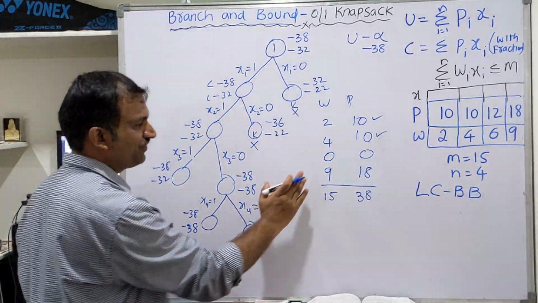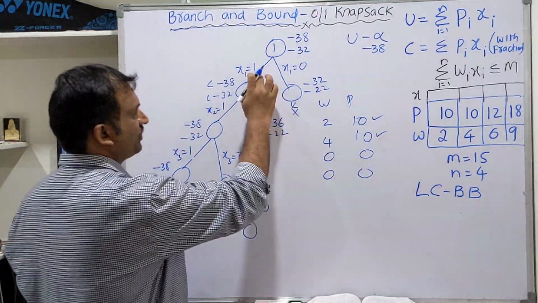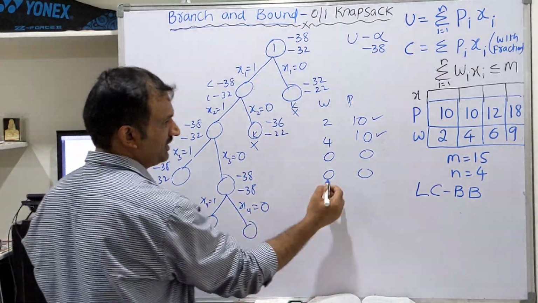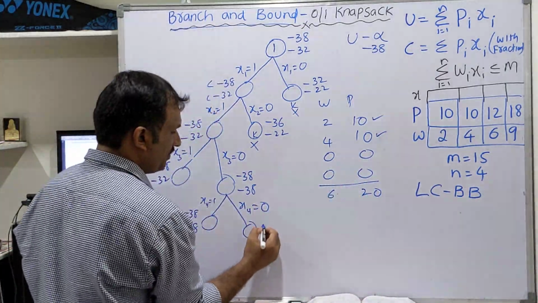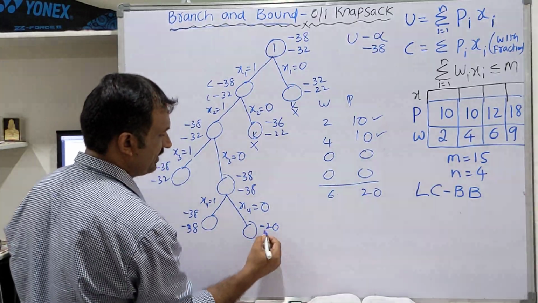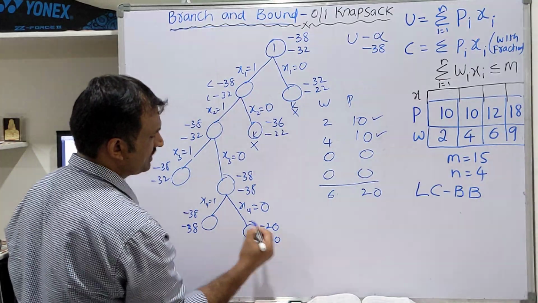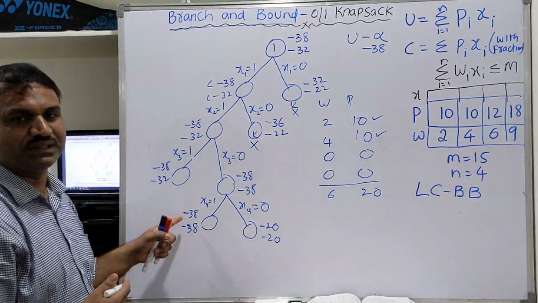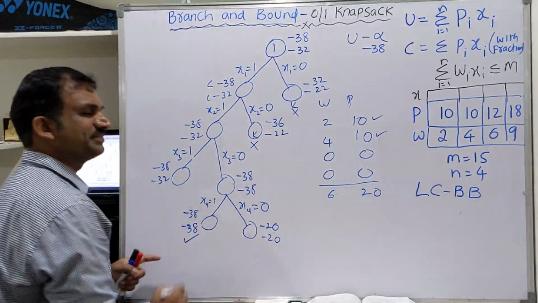Now don't consider the fourth item. Don't consider 1, consider 2, don't consider 3 and don't consider 4. The profit is 20 and the weight is 6. That is minus 20, so upper bound and lower bound are both minus 20. Which is having the least? This one. So this is an answer.